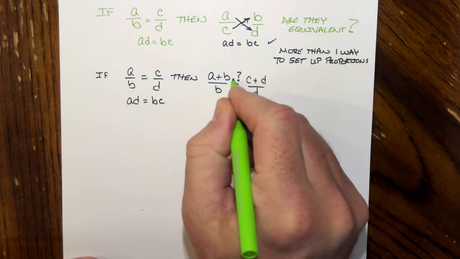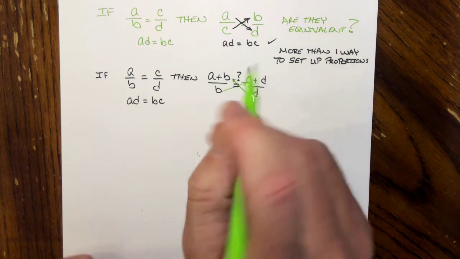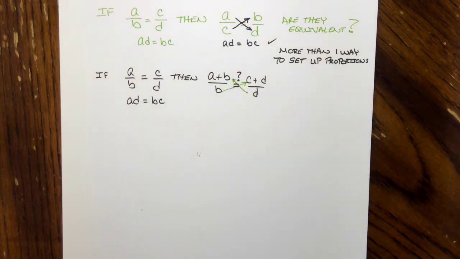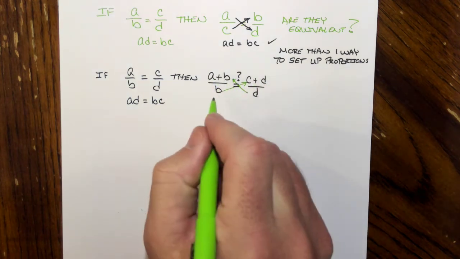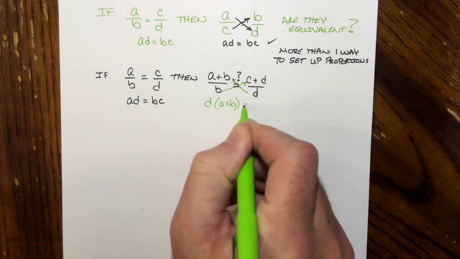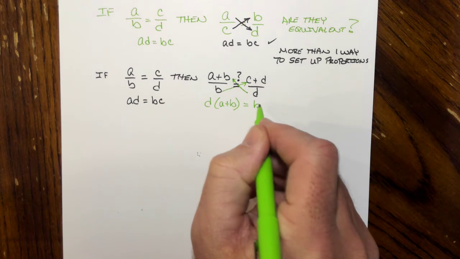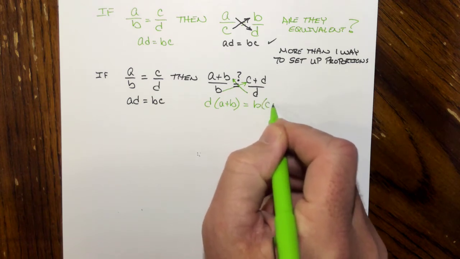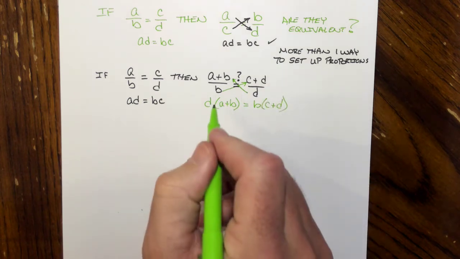So we gotta go here, and we gotta go here. Again, you're calling how you want to do it, but we have two terms up here, so we have D times the quantity of A plus B. Two terms up here, B times the quantity of C plus D. So distribute.